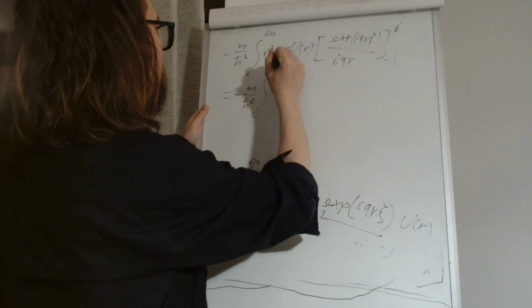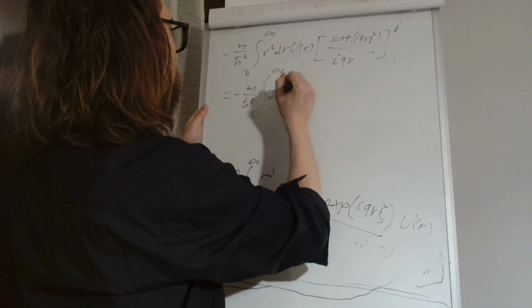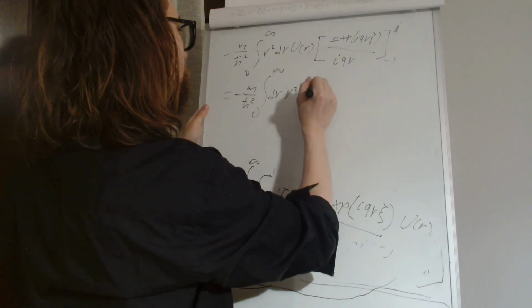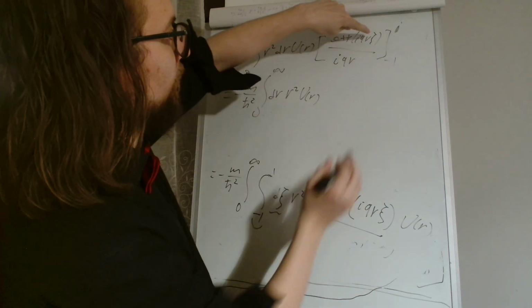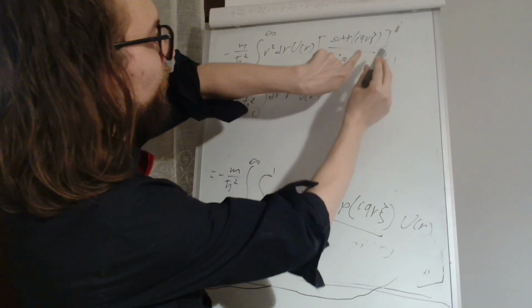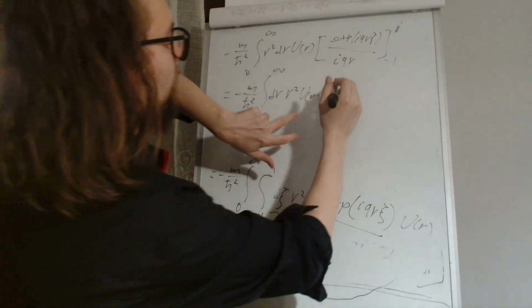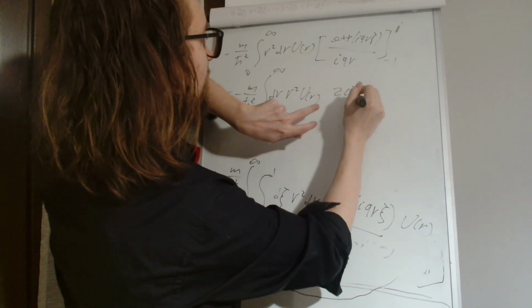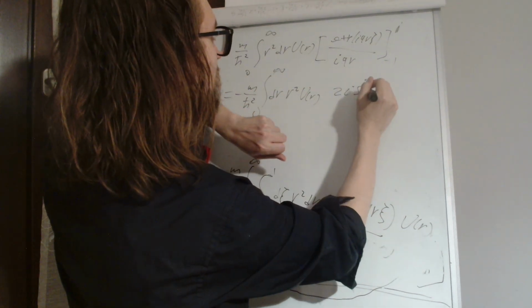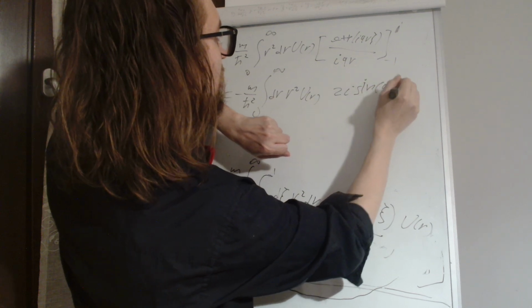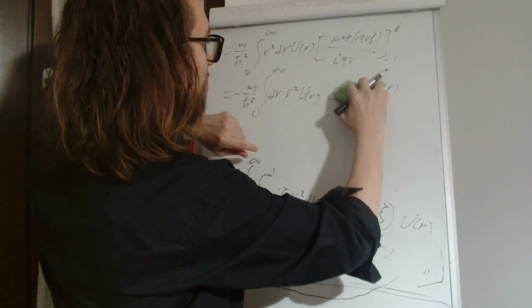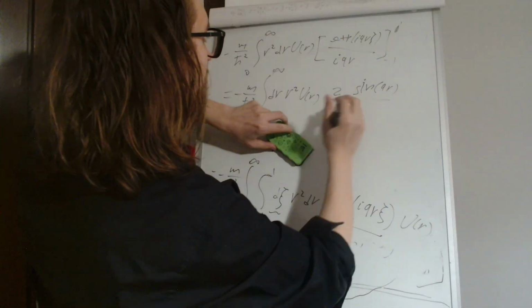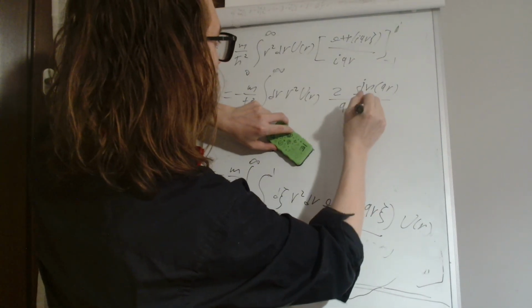Then the r squared u of r, this becomes, you substitute 1, then you subtract with minus 1, so it becomes 2i sine of qr divided by iqr. So you divide by i and you're left with qr.